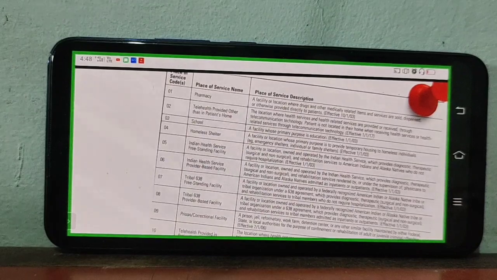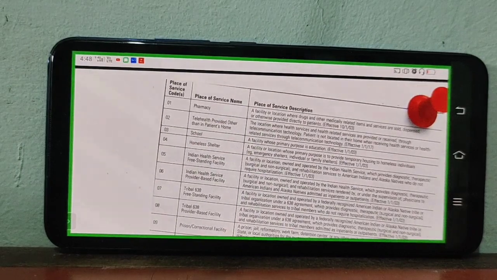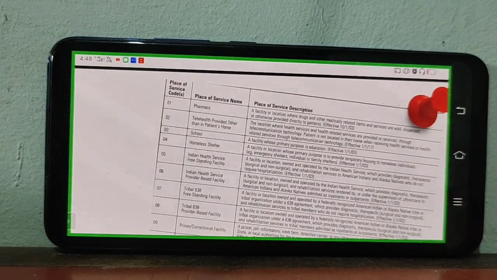See my screen. What is the code for pharmacy? 01. Homeless shelter 04. School 03.